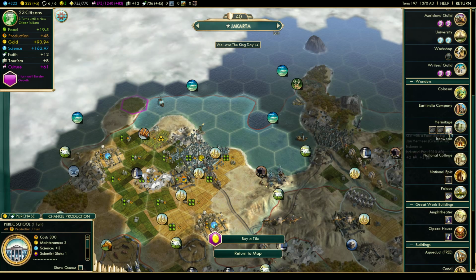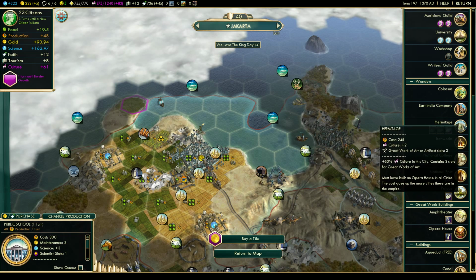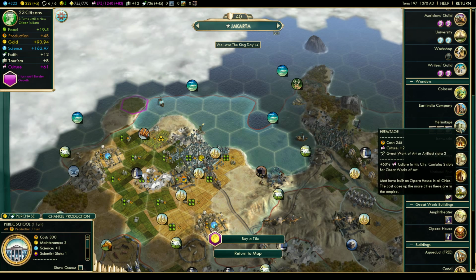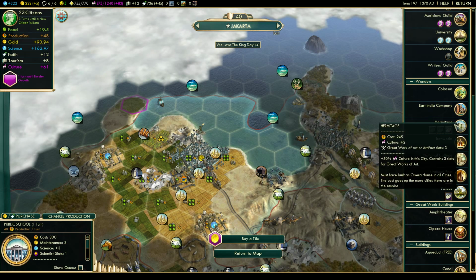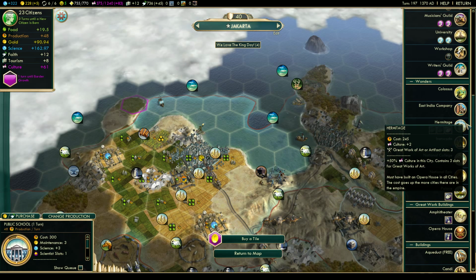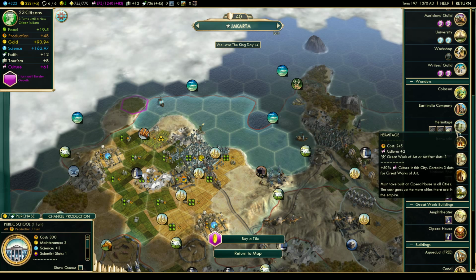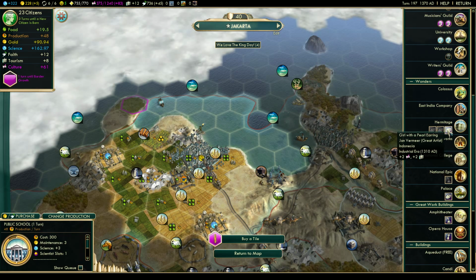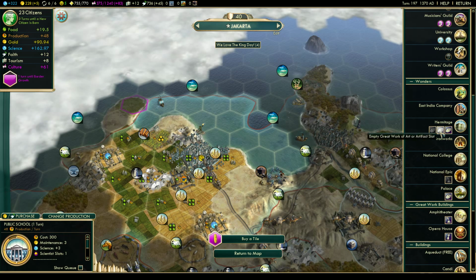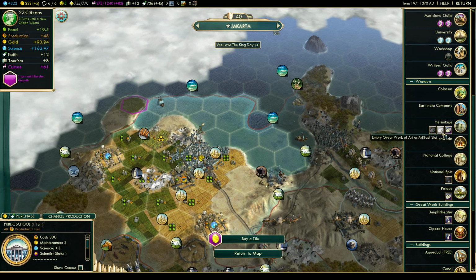In addition, the Hermitage, something you always want to build as soon as possible. You don't have to sacrifice science for it, but, well, you really want to have this. It needs opera houses in all your cities, but it is the much needed dump slot for the great artists, which you don't really have a place for unless you get cathedrals or early museums.